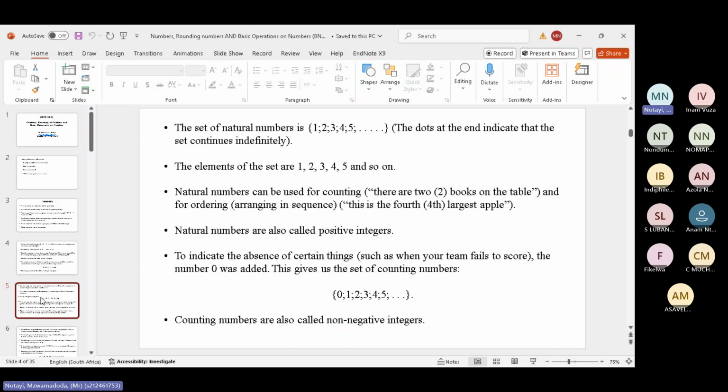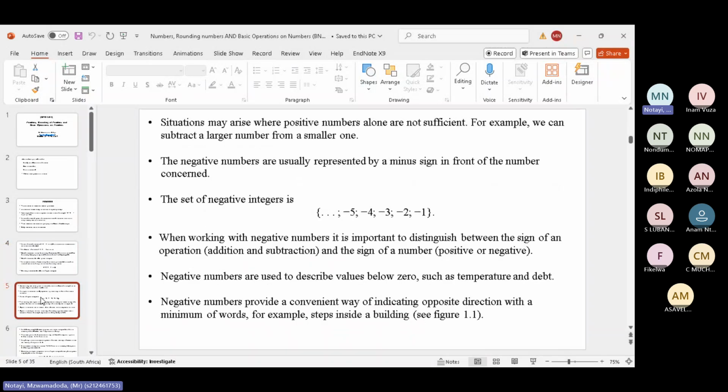Situations may arise where positive numbers alone are not sufficient. For example, we can subtract a larger number from a smaller number. Negative numbers are usually represented by a minus sign in front of them. The set of negative numbers starts from -1, -2, -3, -4, -5, up to negative infinity. These are the numbers that are less than 0.